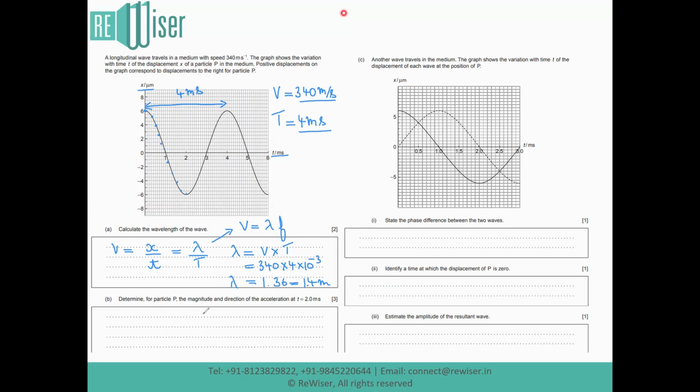Determine for the particle the magnitude of acceleration at time t equals 2 milliseconds. So here we notice that the particle's displacement graph is a cosine graph. In other words, its displacement keeps shifting between an equilibrium position to the right and to the left at regular intervals.